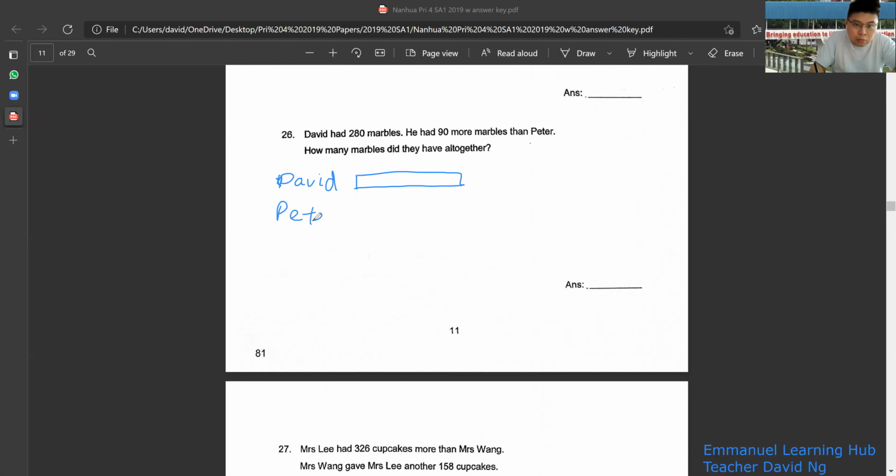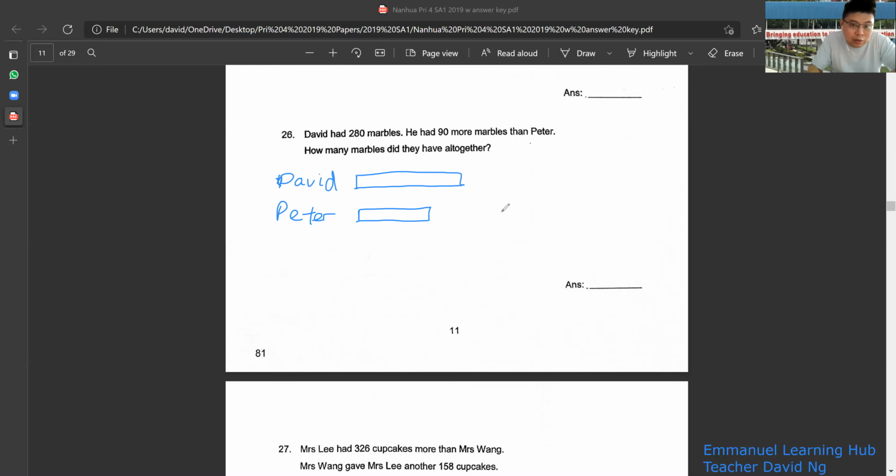But it is 280 plus 90, then it equals 350. Then 350 plus 280. No. Not 280 plus 90.